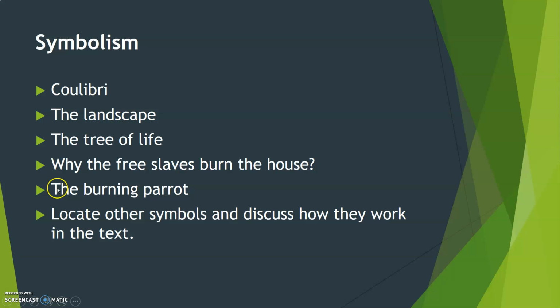What is symbolic of the burning of the parrot? Locate all the symbols and discuss how they work in the text. For example, look at Pierre as the child who is special or differently able, and his demise or tragic end. So there are also tragic themes in this text.